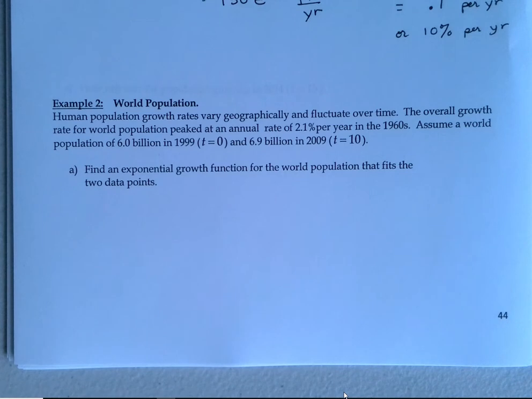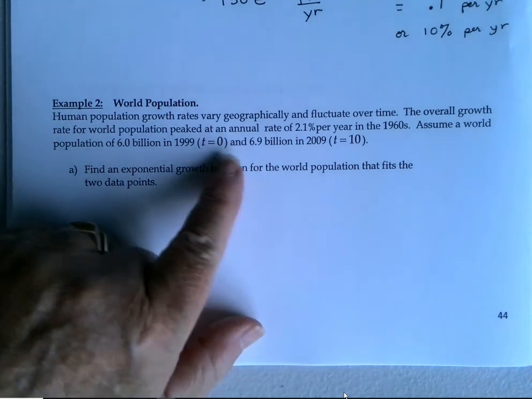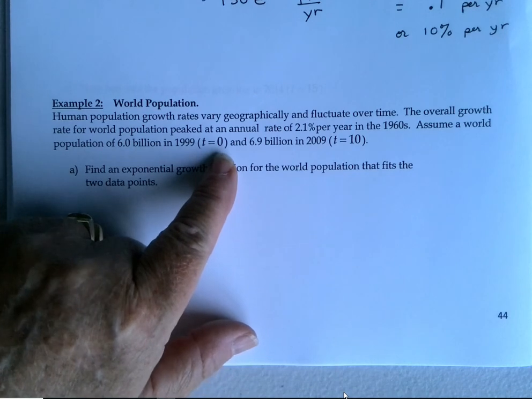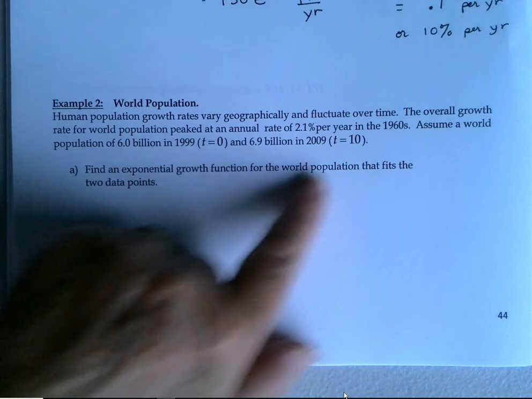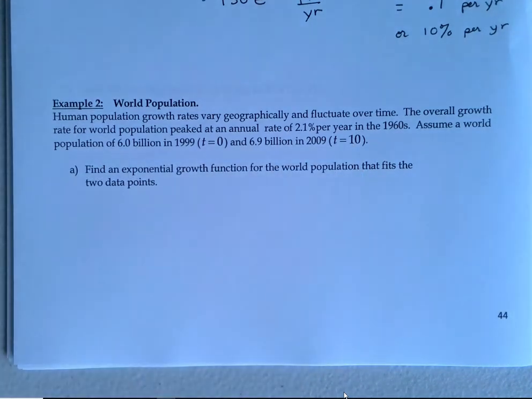Assume that the world population was 6 billion in 1999, we'll consider that our time zero, and that it was then 6.9 billion in 2009, which would be 10 years later. I would like to find an exponential growth function that fits that decade for the world population. And again, it has to fit those 2 data points.